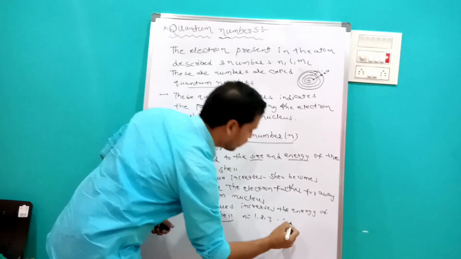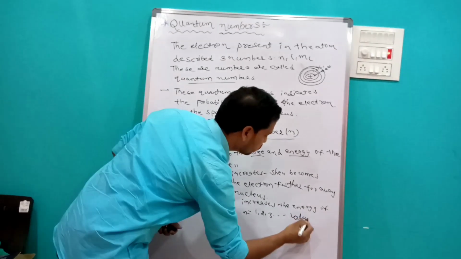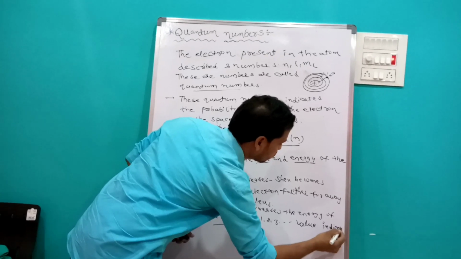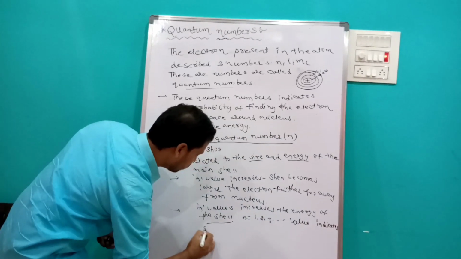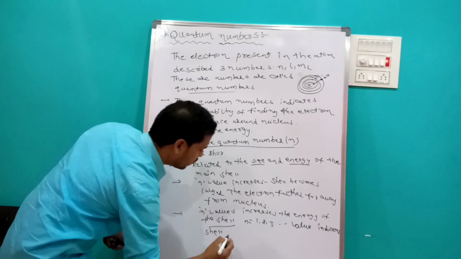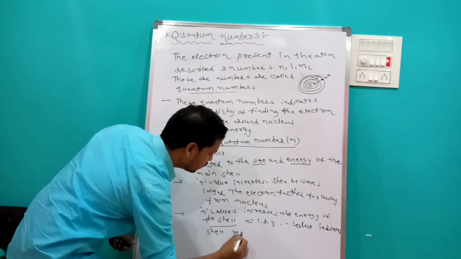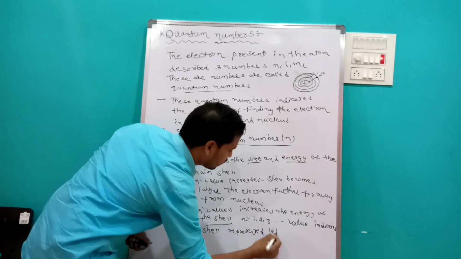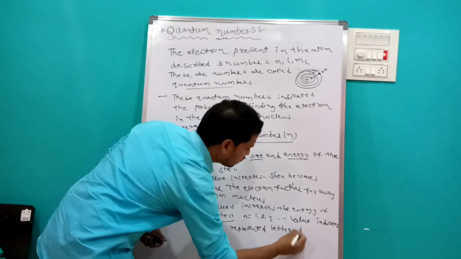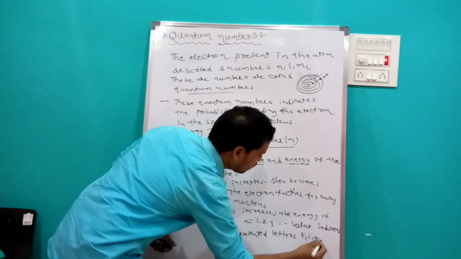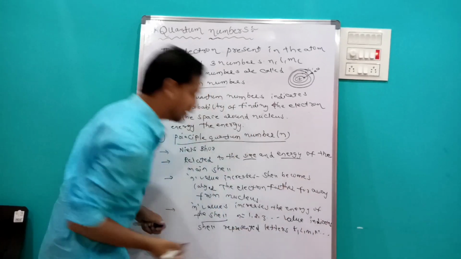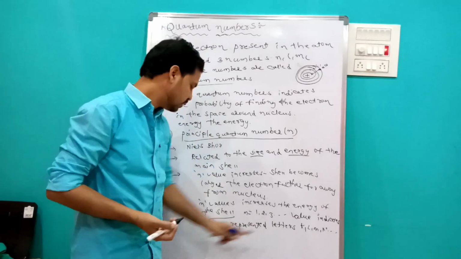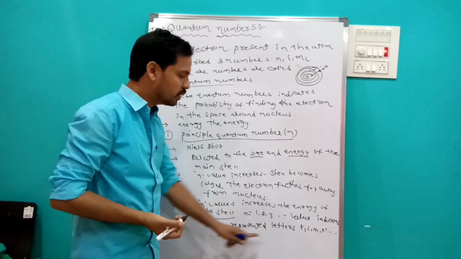Each n value indicates one shell. These shells are represented by letters. What are those letters? K, L, M and N. For each n value, 1, 2, 3, the value indicates the shell represented by the letters.